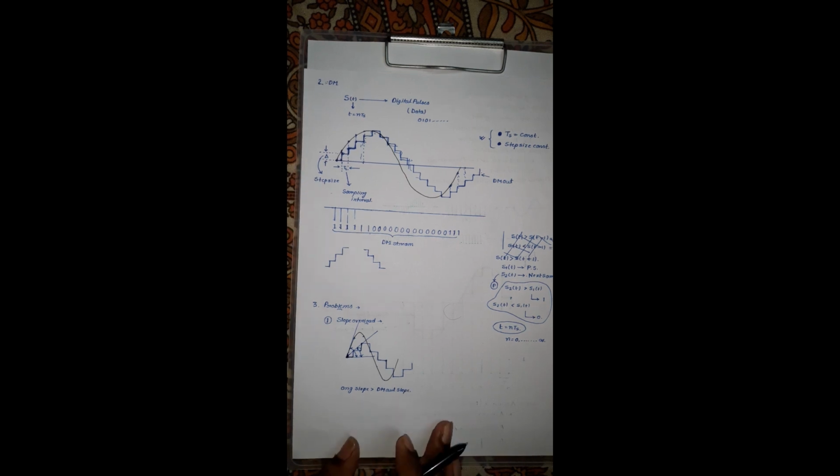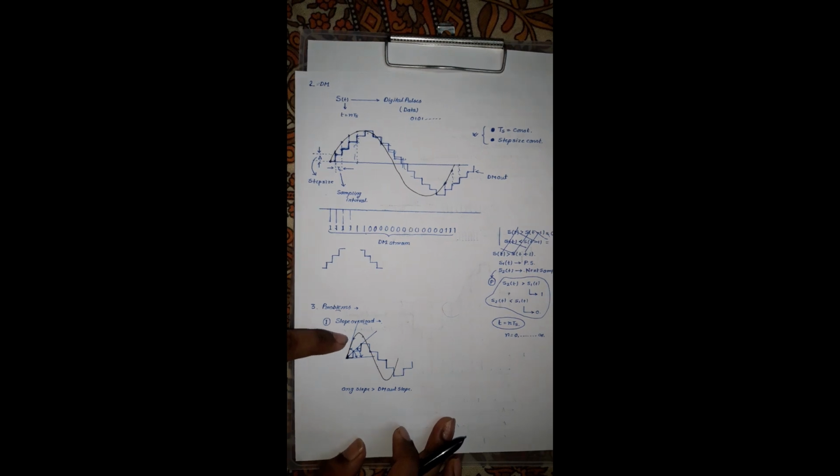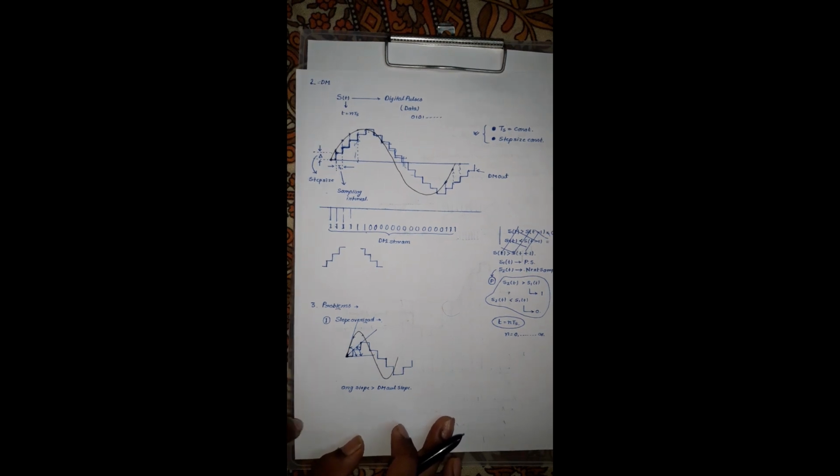Okay, the original signal slope, that is the initial slope the signal had, is greater than the output slope of this DM. The delta modulated output waveform slope is less than the input signal slope.